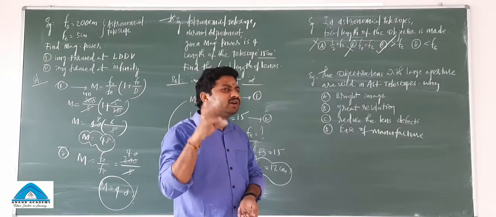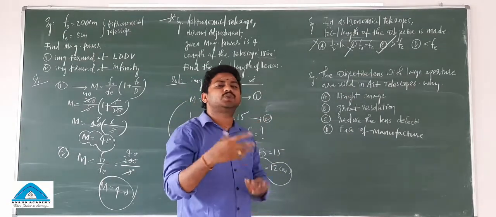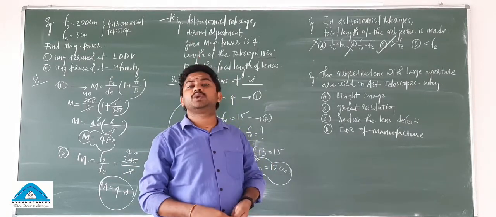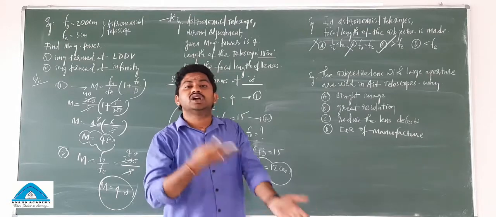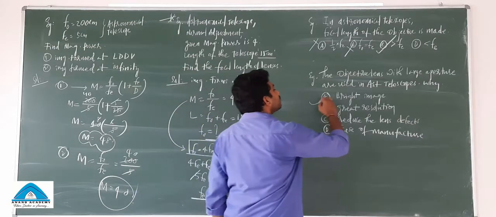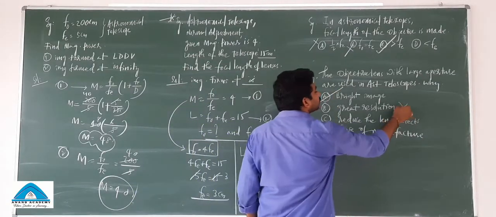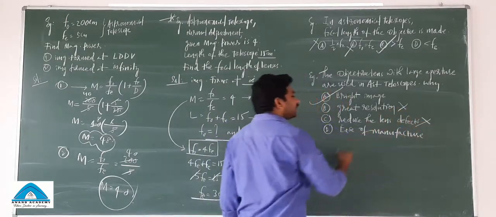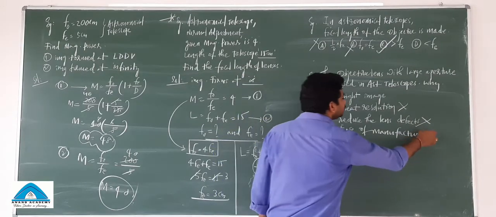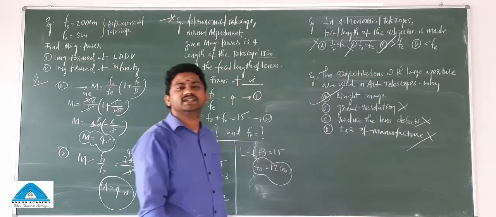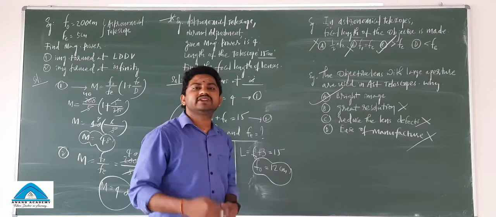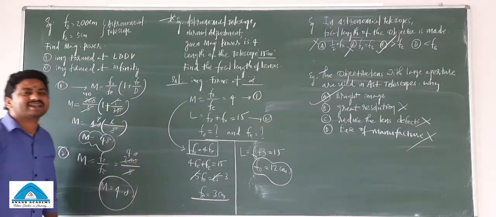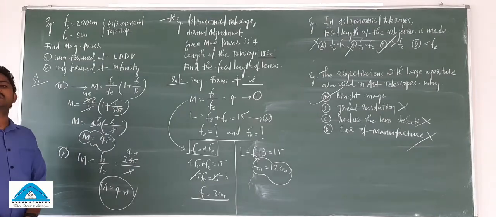So when more light rays are incident on the lens, what happens? The brightness of the image will be more. When the aperture is more, the brightness of the image will be more. It's not to get great resolution, it is not to reduce the lens defect, and it is not at all for manufacturing easiness. So it is only to increase the brightness of the image. So like this, numericals will also be asked in this astronomical telescope topic.